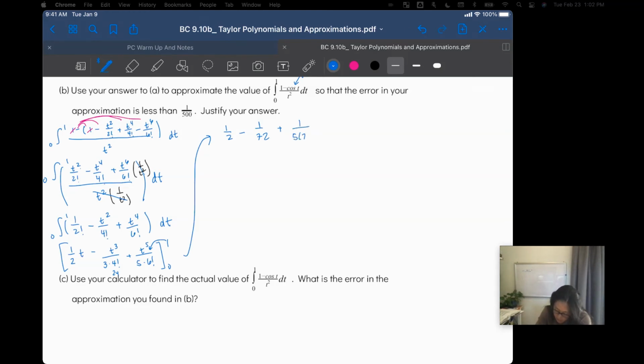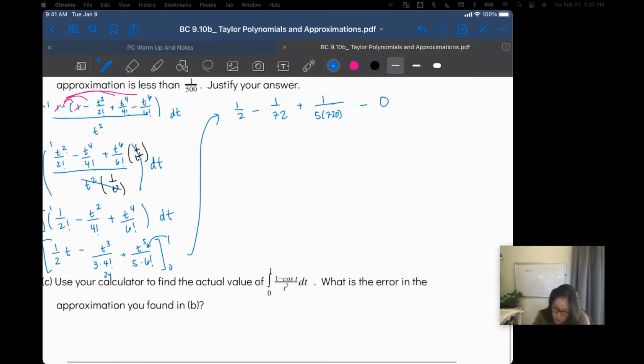So 5 times 720. And then minus 0, because all those zeros are going to just make a 0. Okay. So this is the answer, I'm just going to rewrite it: 1 over 2 minus 1 over 72 plus 1 over 5 times 720.